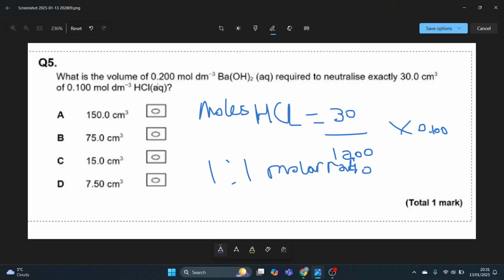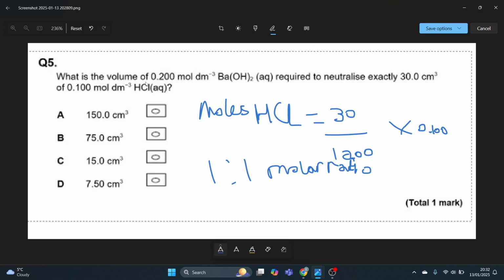And then to find the volume of barium hydroxide, moles is concentration times volume, so volume is moles divided by concentration. So it's 30 divided by 1000 times 0.10, my answer divided by the concentration 0.20, I get 0.015. But yeah, now I see it.